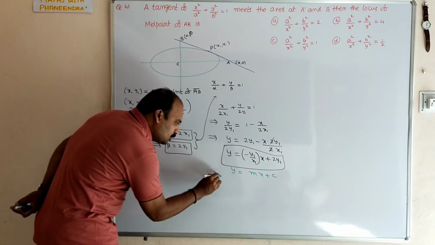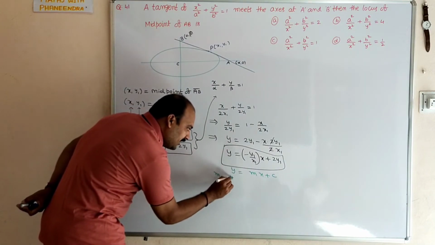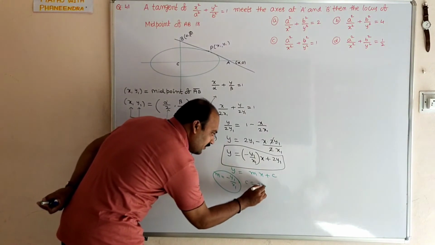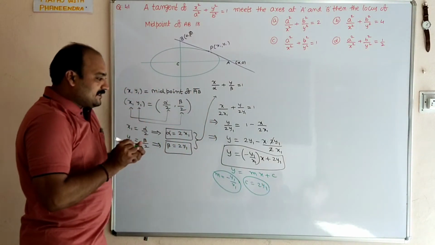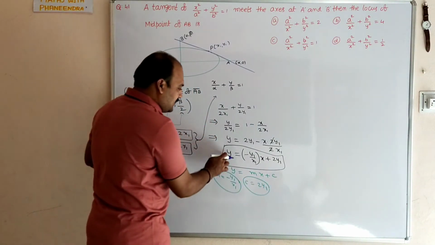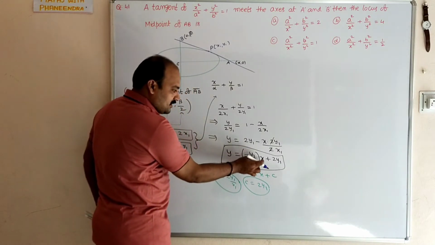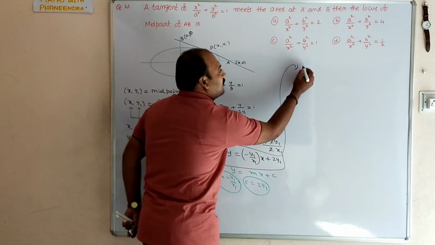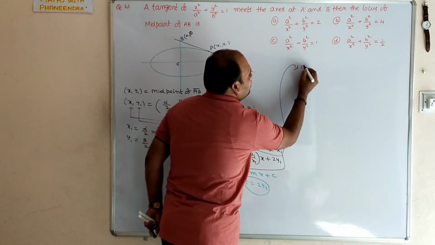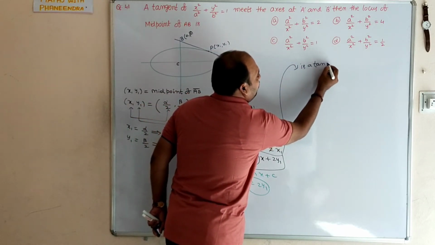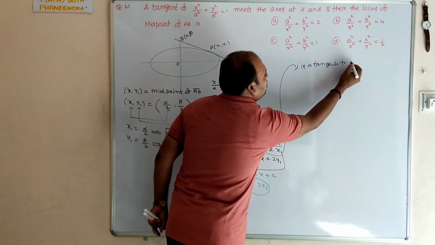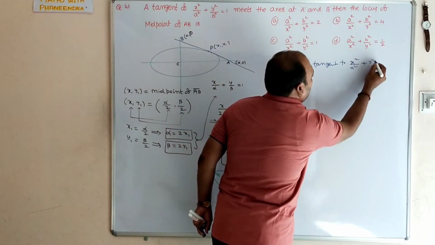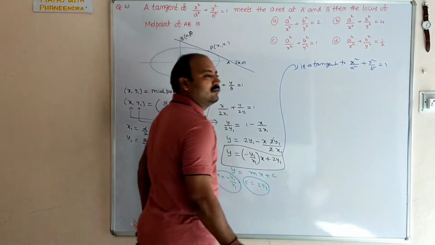So, m equal to minus y1 by x1 and c is equal to 2y1. This equation, y is equal to minus y1 by x1 into x plus 2y1, is a tangent to the ellipse x square by a square plus y square by b square equal to 1.